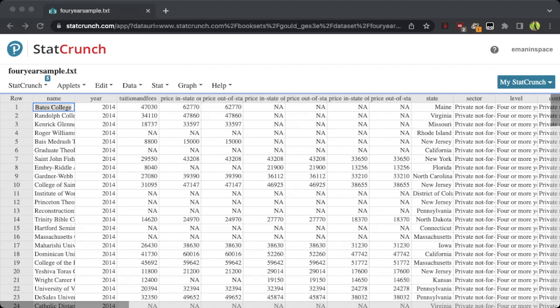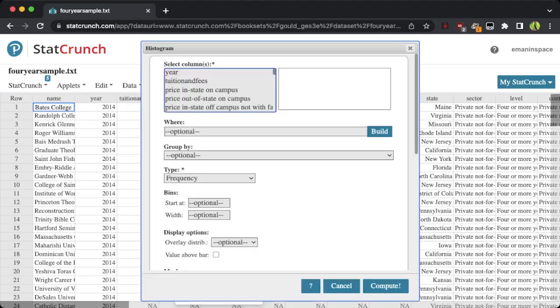Okay, here we go. This is a data set that has colleges, the year, and how much the tuition is. We're going to go to graph, histogram, and look at the price for in-state on campus. These are public universities. If you live in that state and you live on campus, how much do you expect to spend?